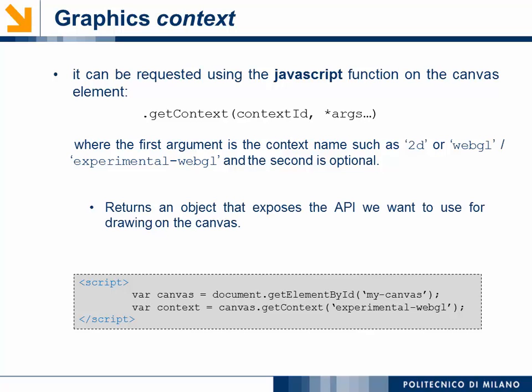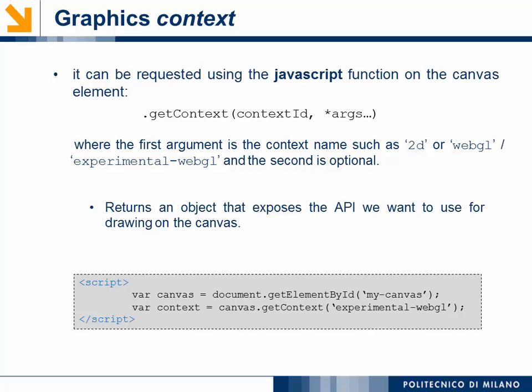So here you have the example in a script. If you are scripting directly inside an HTML file, you declare a canvas variable and you get the element myCanvas, which is defined with the previous script, and once you have this canvas you can get a context from it.